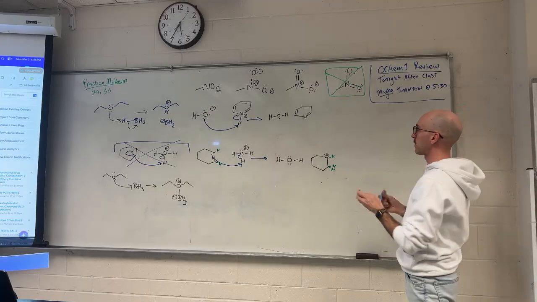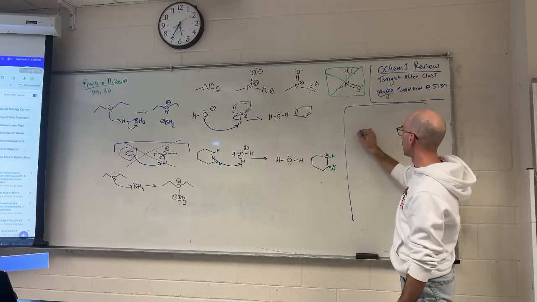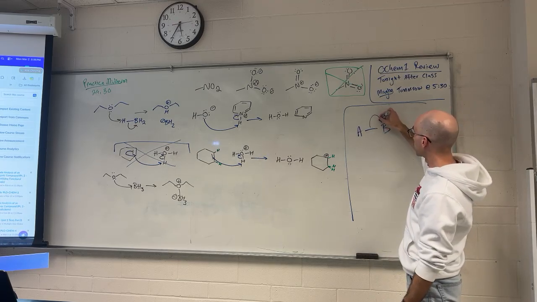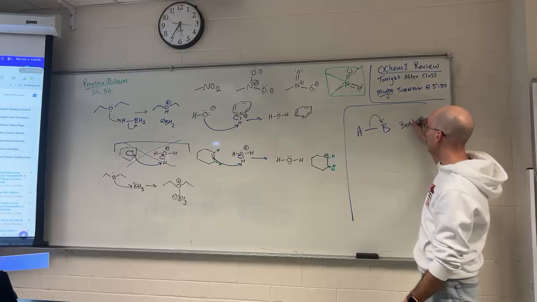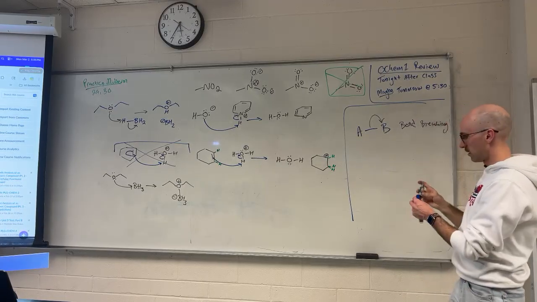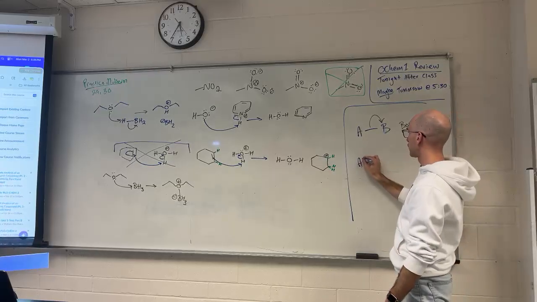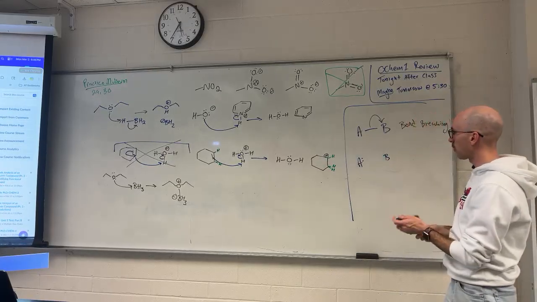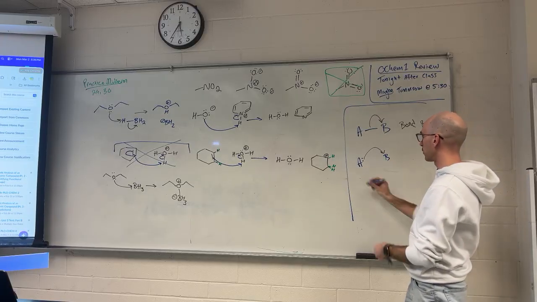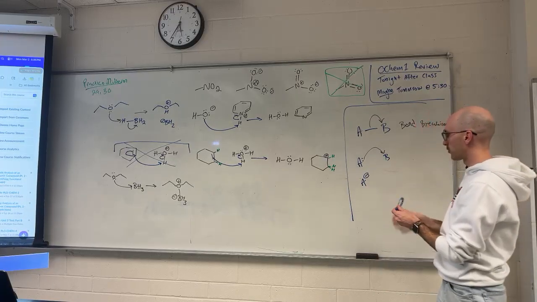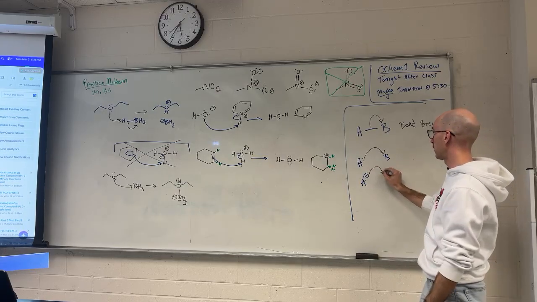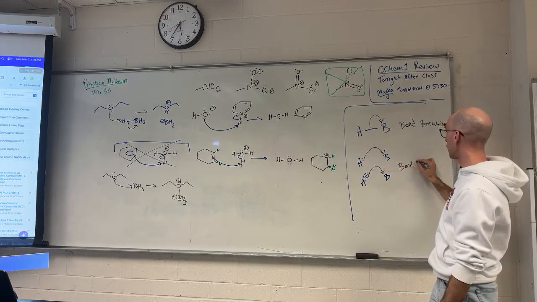We detailed this, but I'm going to try to see if we can summarize it. If I've got an arrow that starts at a bond and points at one of those two atoms, that's bond breaking. If I've got an arrow that starts at a lone pair, and sometimes we actually show this as a negative charge to represent the lone pair, that's bond forming.